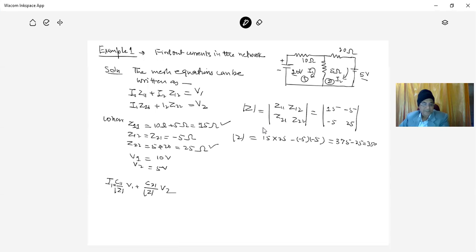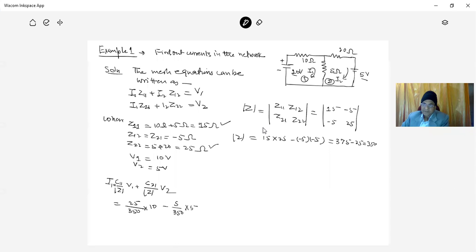So by substituting this value, the cofactor C11 is 25. So this is 25 upon 350, and the voltage V1 is 10 volt. And minus C21, the cofactor is minus 5, so this is minus 5 by 350 into the potential 5 volt.